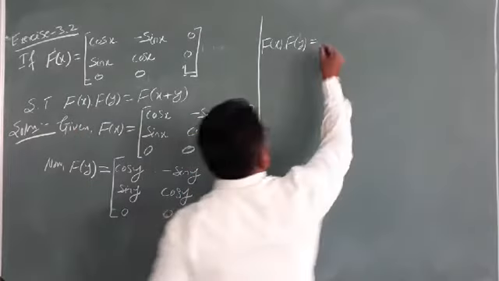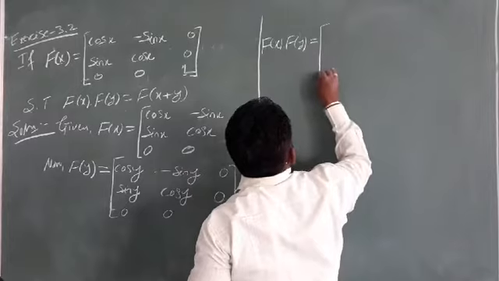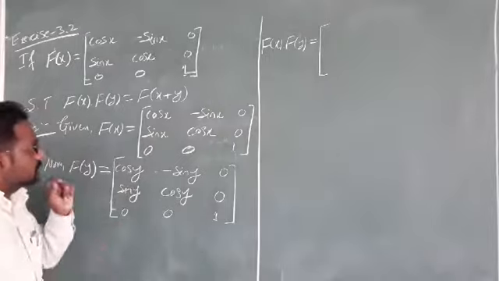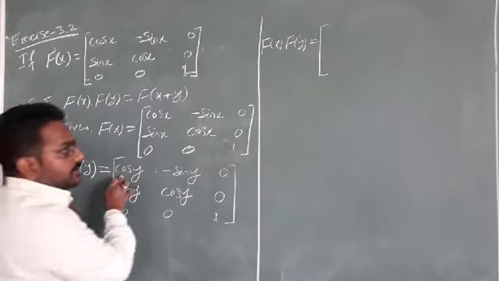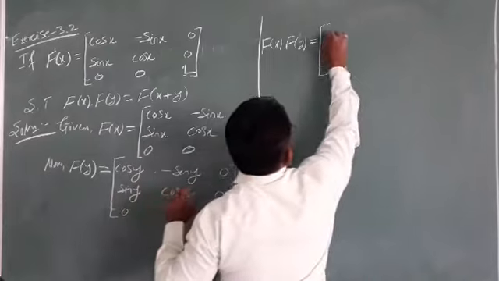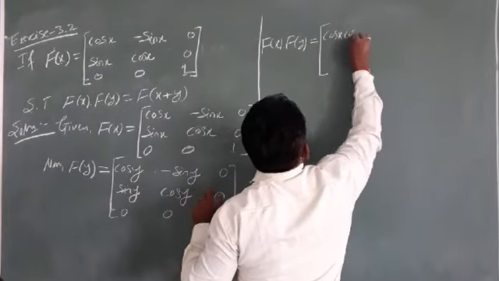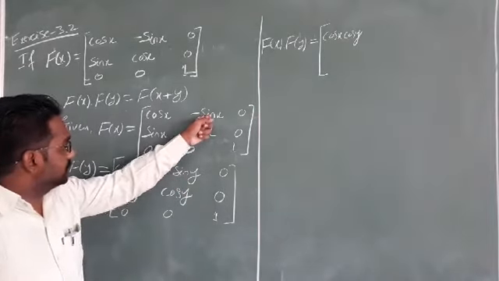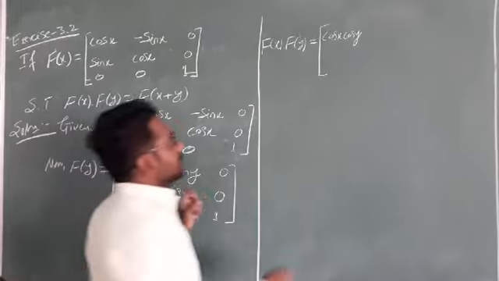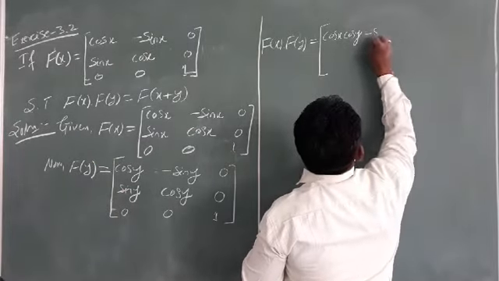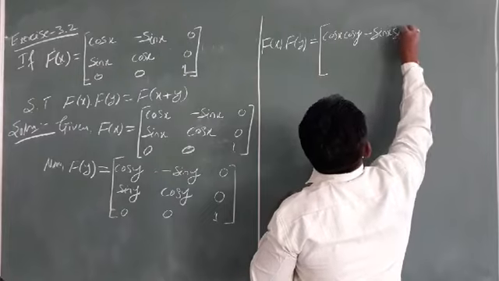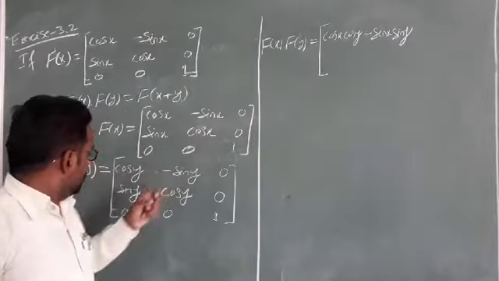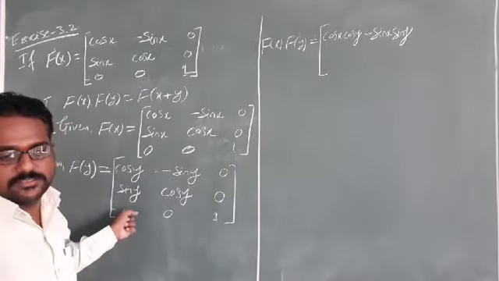Okay, so f of x into f of y. I will write directly here. First row with the first column, cos x into cos y, minus sin x into sin y, 0 into 0 is 0 itself.